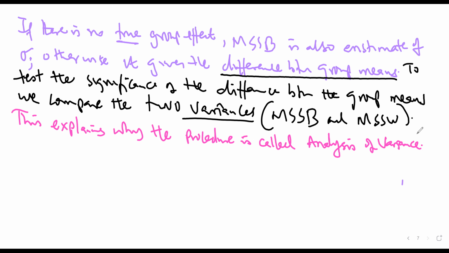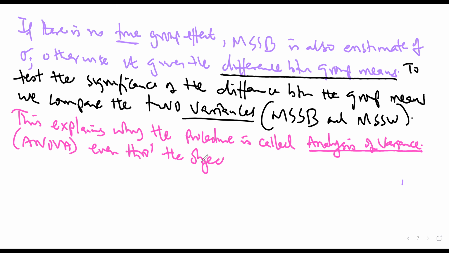Okay, so that's why it is called analysis of variance, in brackets ANOVA, even though the objective is to compare group means. I hope that is clear.